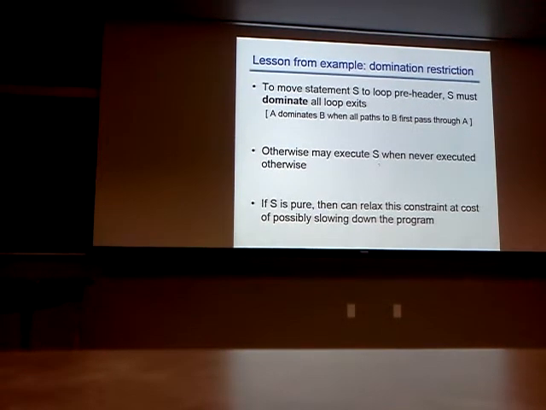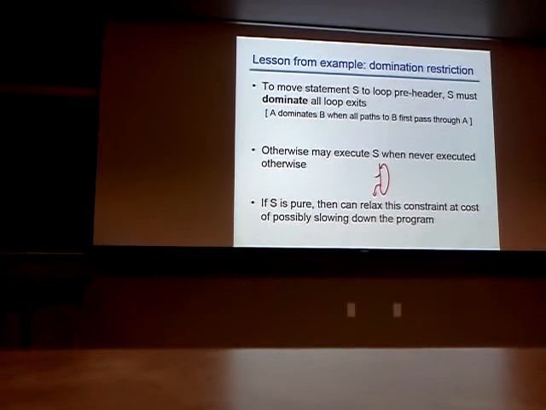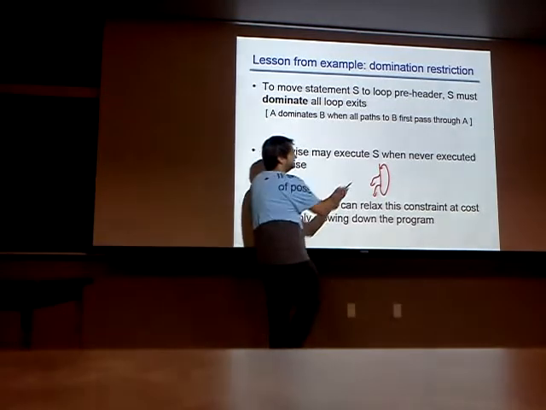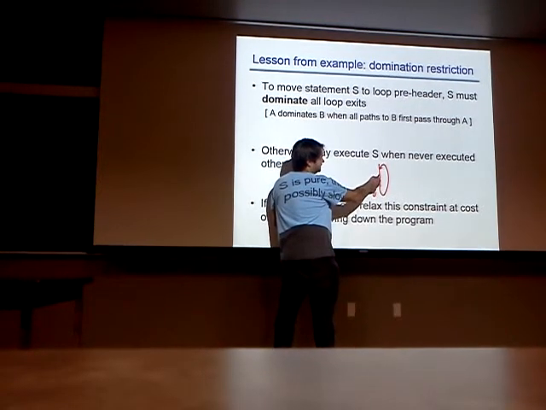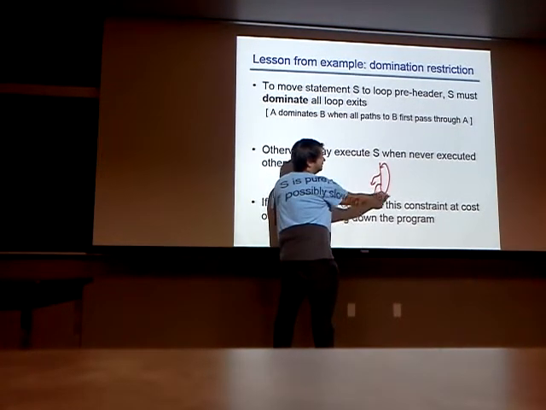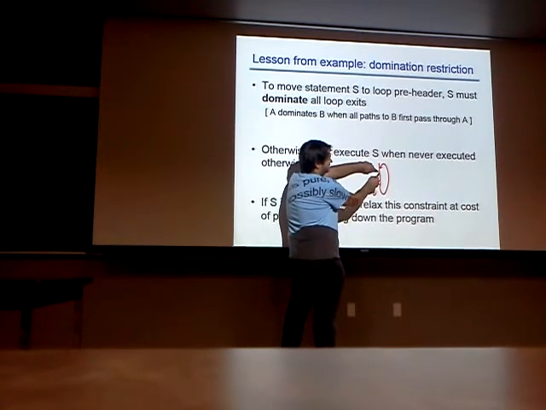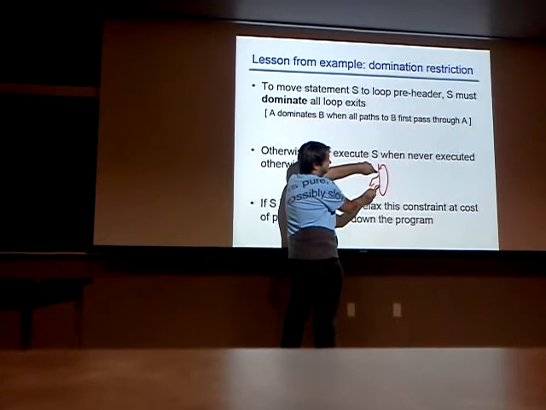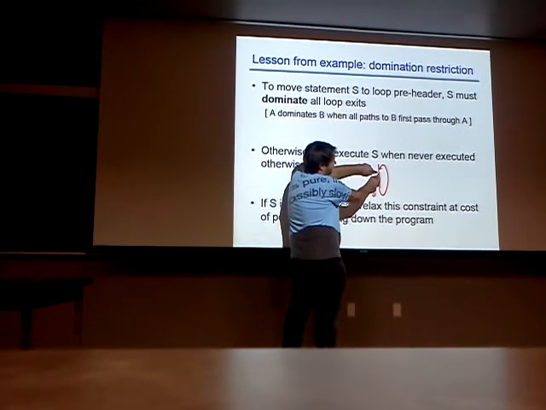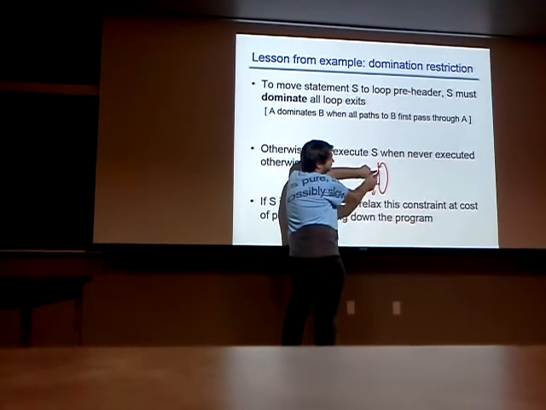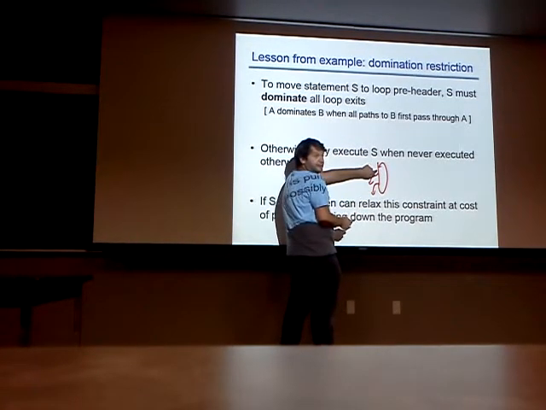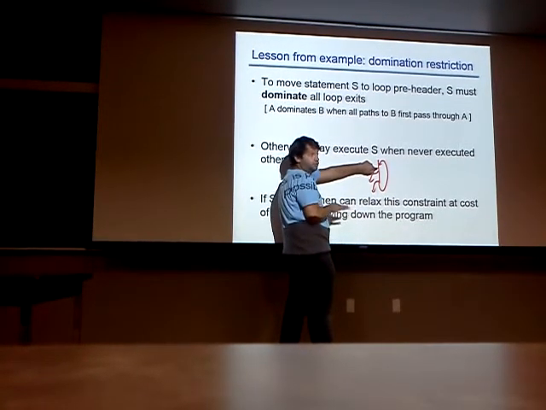So imagine you have a loop which goes like this, and then there's a whole bunch of exits. If S is here, it dominates all exits, because you have to pass through S to reach this exit or this exit. So if S were here, you can move it out of the loop, because it would get executed no matter what.